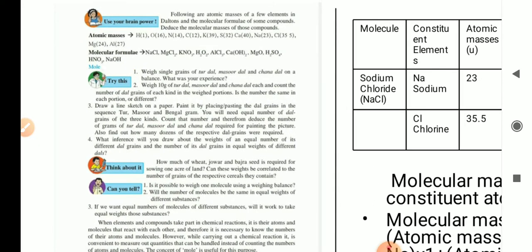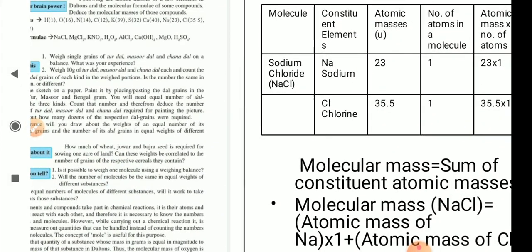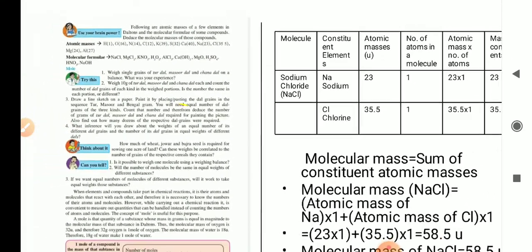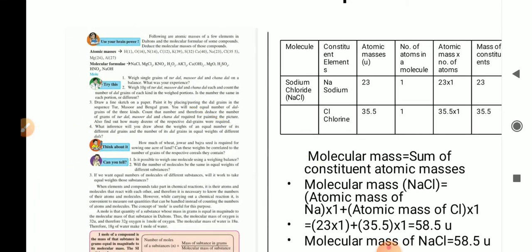Following are the atomic masses of a few elements in Daltons and the molecular formulae of some compounds. Deduce the molecular masses of those compounds. Atomic masses: hydrogen 1, oxygen 16, nitrogen 14, carbon 12, potassium 39, sulfur 32, calcium 40, sodium 23, chlorine 35.5, magnesium 24, aluminium 27.